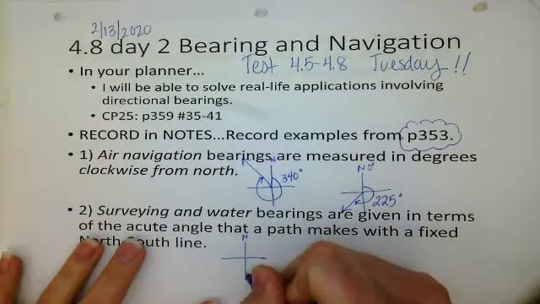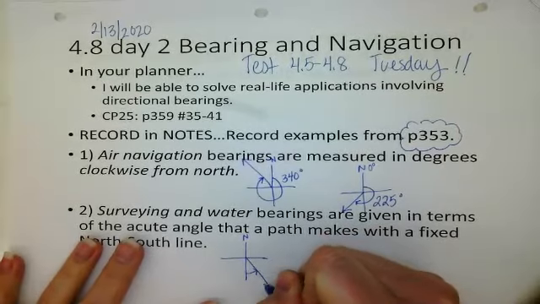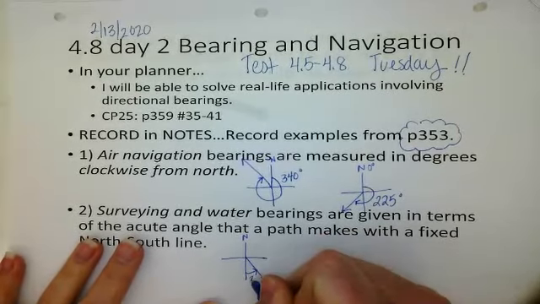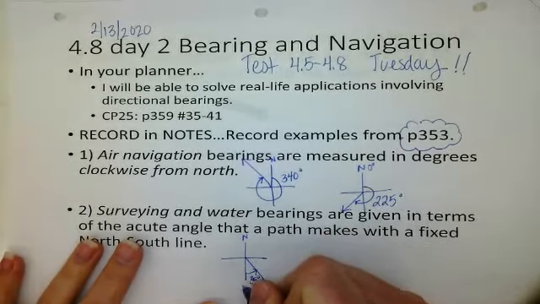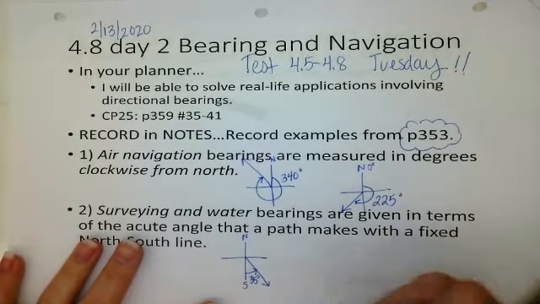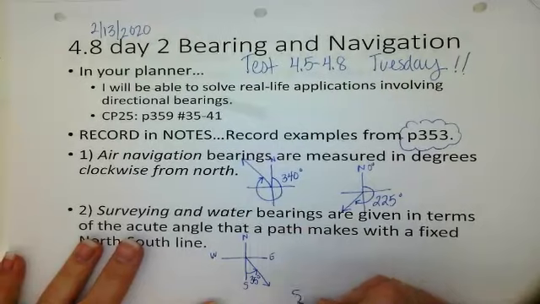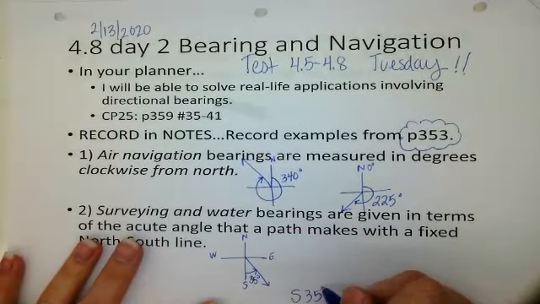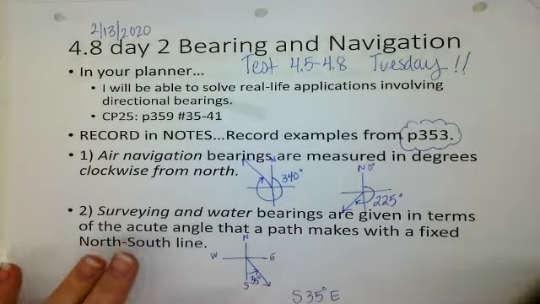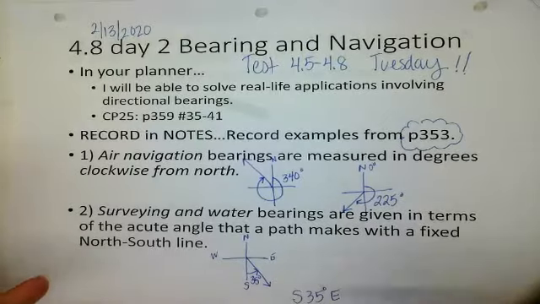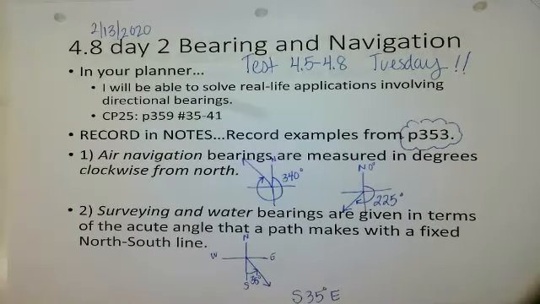And so we have something like this where this would maybe be the angle that's 35 degrees, and that's from the north-south line. So we would say that this was south 35 degrees towards the east. And this is, I think, probably the traditional way we think about bearing.